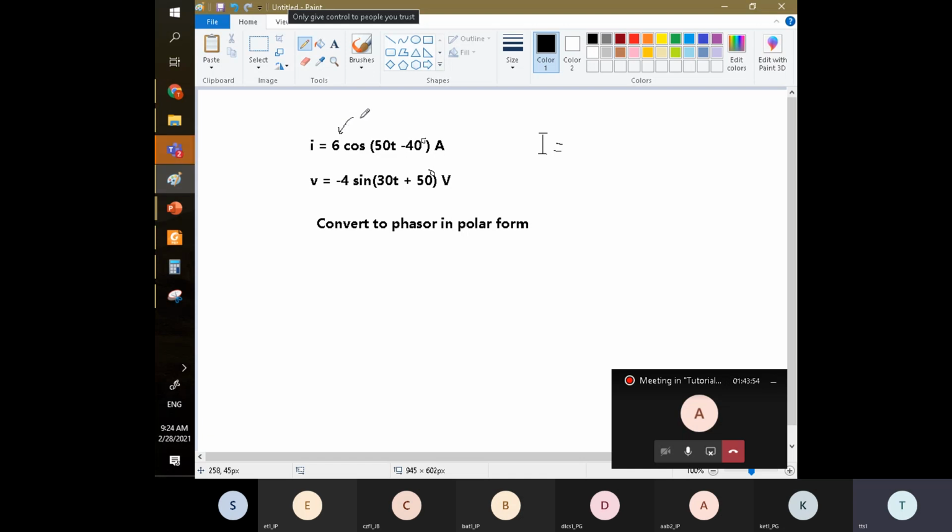This one actually is the R. So we take the 6, and then this is the phase, minus 40. So it's straightforward, right? Easy, right? From here to here. Sometimes you are given here, like this in the exam, you need to convert to this, okay?